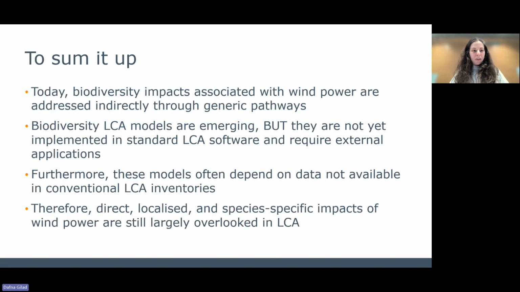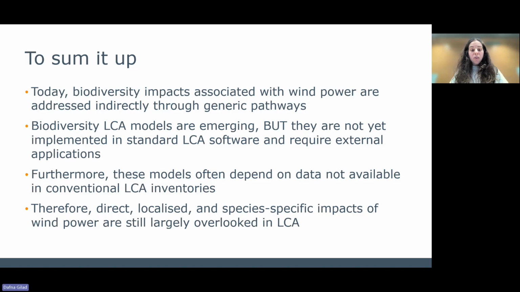So to sum it up, we can quantify biodiversity impacts, but these are mostly addressed indirectly through generic impact pathways. And there has been a great development in biodiversity LCA models associated with wind power, but they are not yet implemented in standard LCA software, and they require external application.